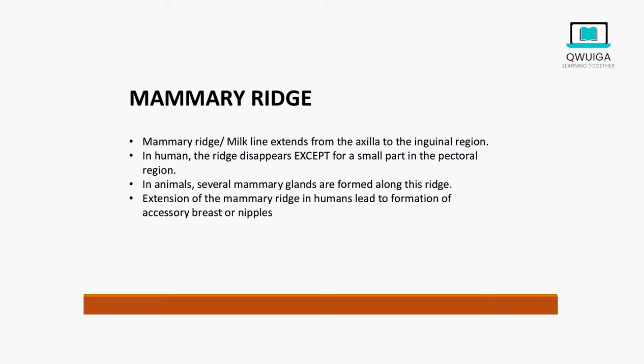Please pardon my drawing. Let's say, for instance, this is the axilla. These are the axillae. This is the original nipples. Now the milk line extends like this onto the groin.